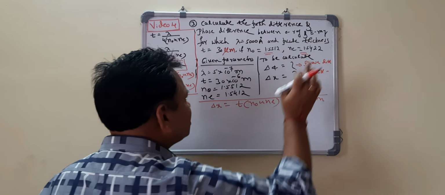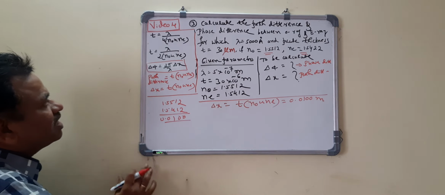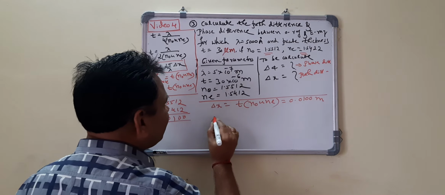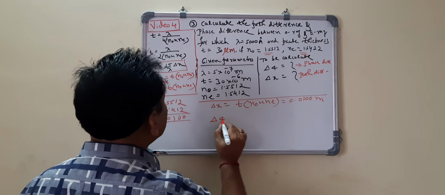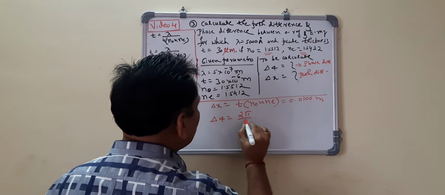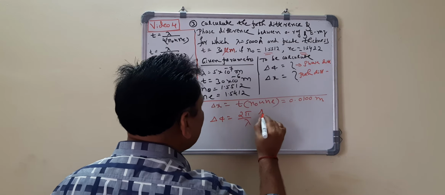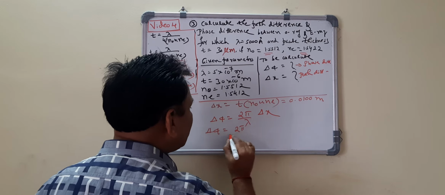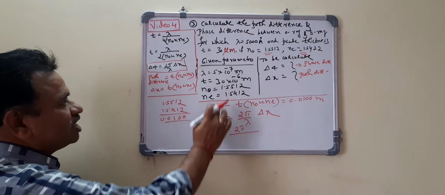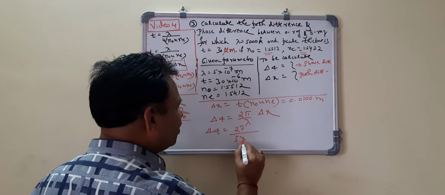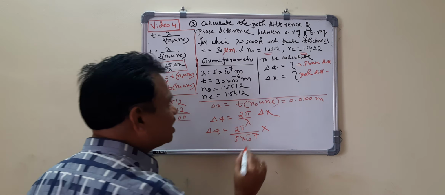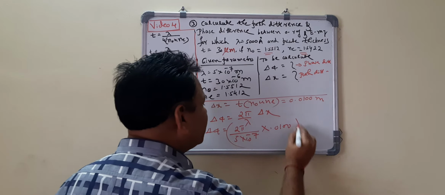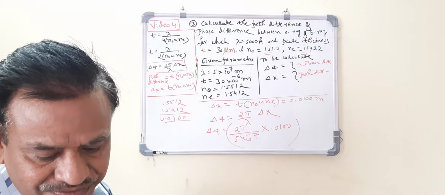Then think, phase difference. Which equation is suitable here? I think probably this equation. Now, delta phi equal to 2 pi by lambda into delta x. Substitute 2 pi divided by lambda value, we know that 5 into 10 to the power minus 7, into 0.0100.